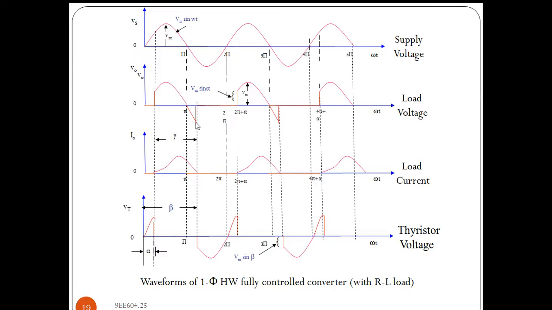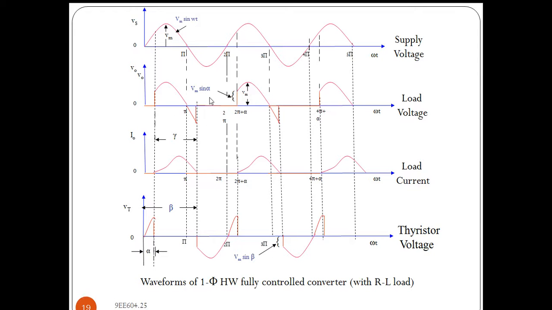The only change is due to the inductor present in the RL load, which won't allow sudden change in current. It further circulates the current for a small duration until the inductor current reaches zero. Because of that, there will be a negative spike in the output voltage across the load.